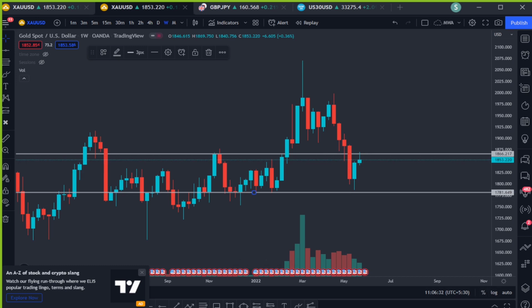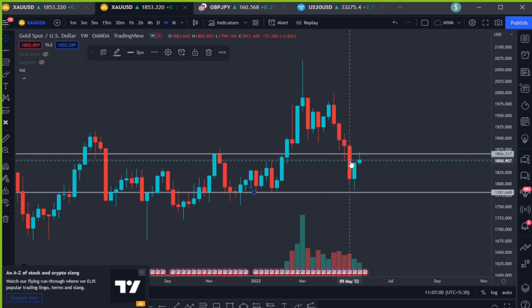If we had closed bullish above this resistance, then this week we would have expected the price to move to the next resistance, which is right here, but that didn't happen.